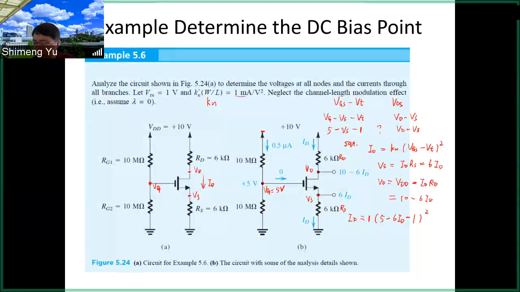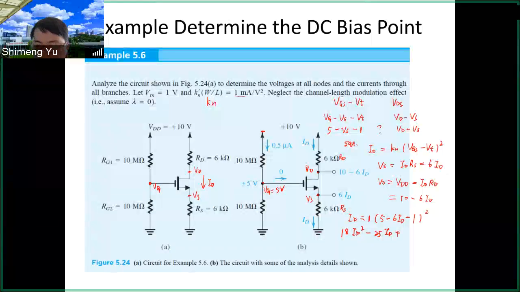If you rearrange the terms, it's 18 ID squared minus 25 ID plus 8. Basically, you make it like ax squared plus bx plus c equals 0, your second order equation. I believe you know how to solve this from your high school math.